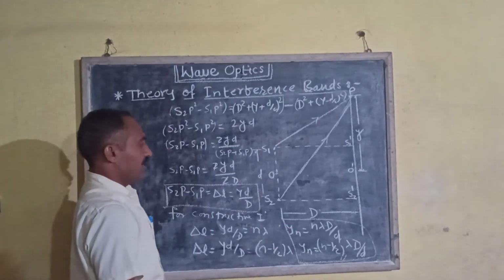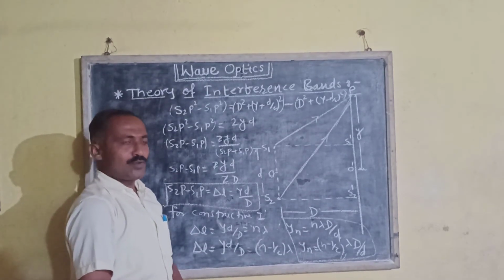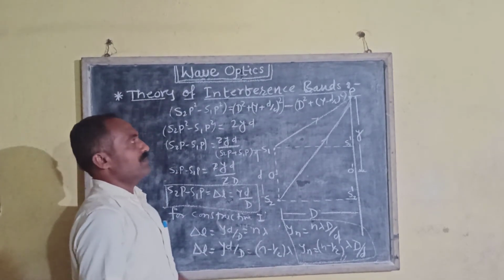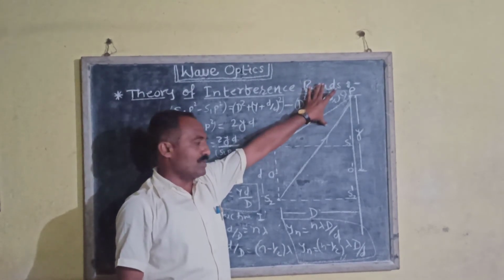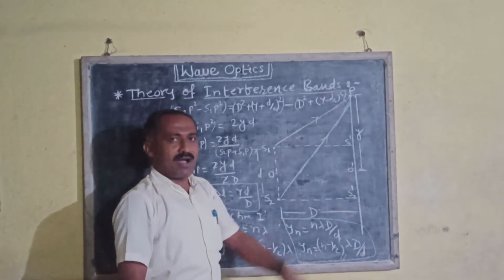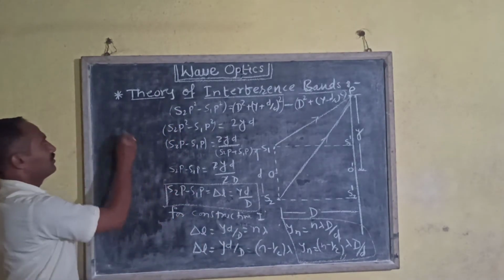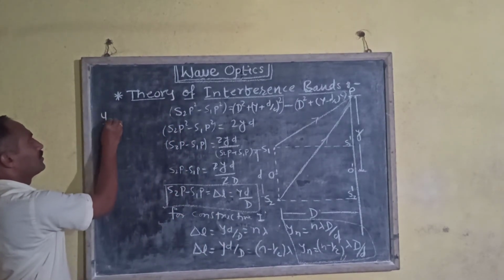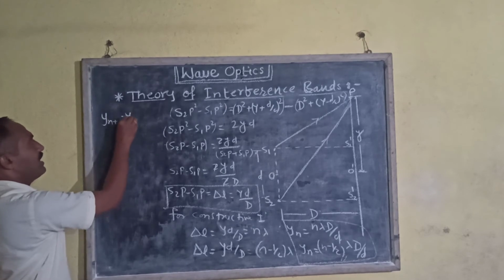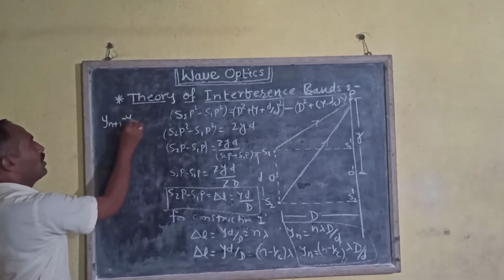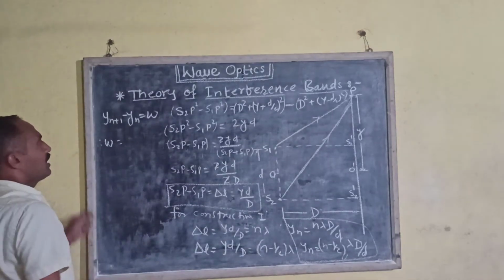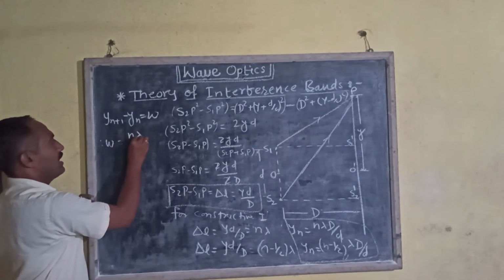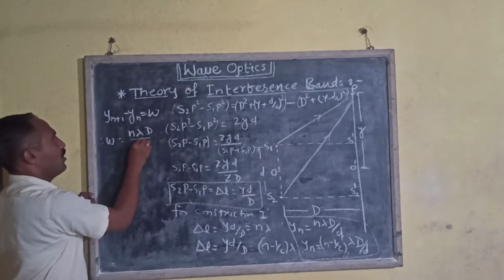Now we have to find the fringe width, that is the distance between two consecutive bright fringes or two consecutive dark fringes. We can write yn plus 1 minus yn equal to the fringe width W. Therefore, W is equal to lambda capital D upon small d.